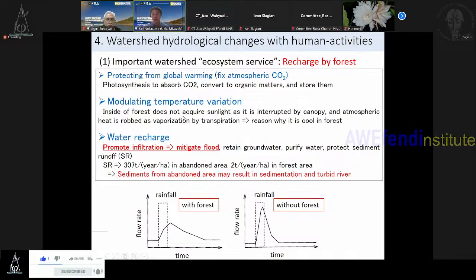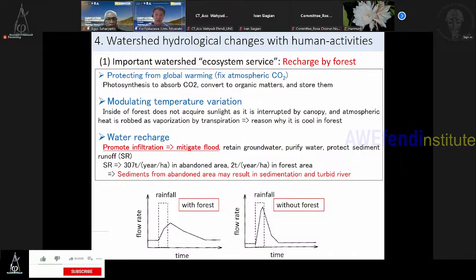Imagine you probably have experience walking inside the forest, and you felt the inside of the forest is a little bit cooler than outside. Inside the forest does not receive much sunlight. I mean, the sunlight energy is interrupted by the forest canopy.